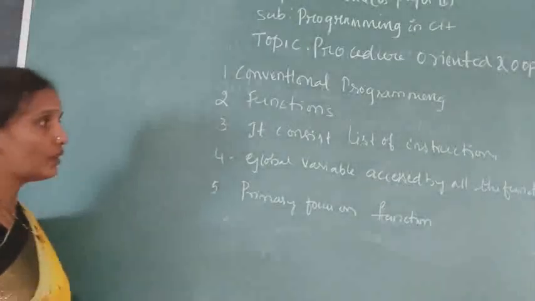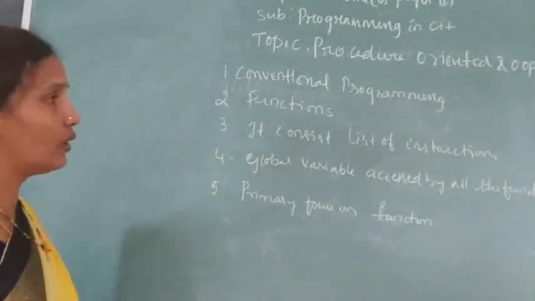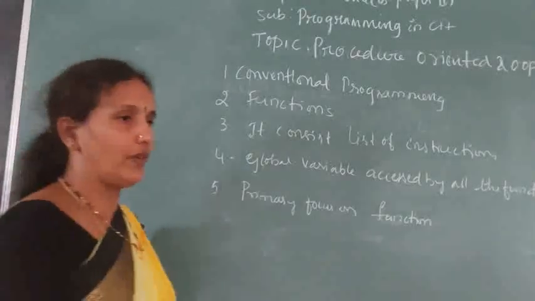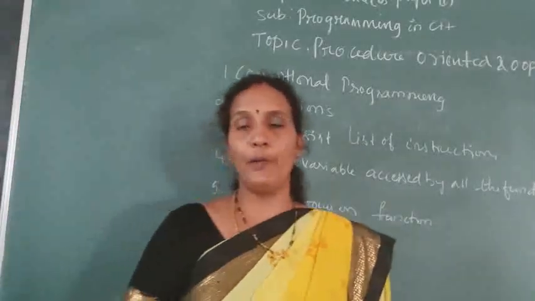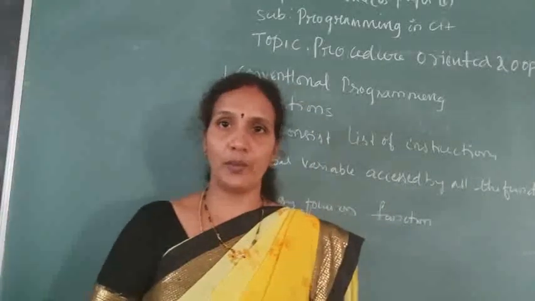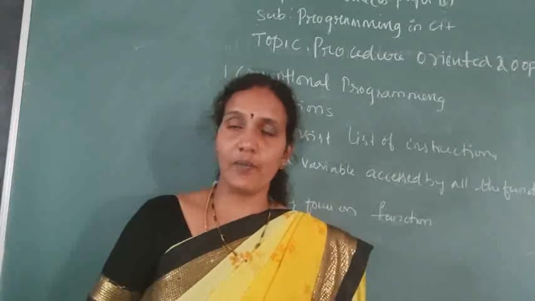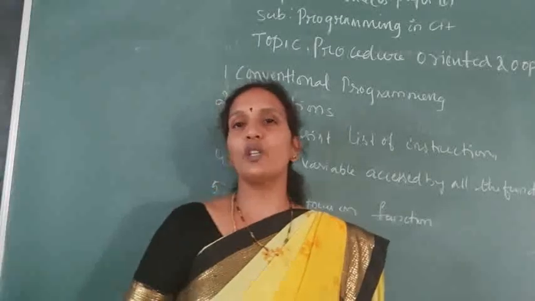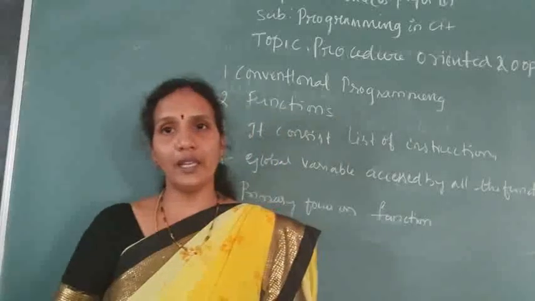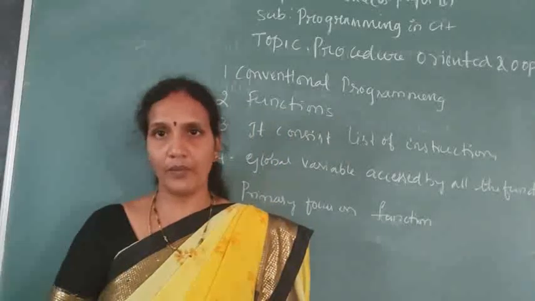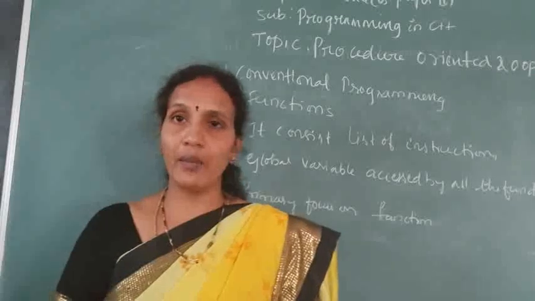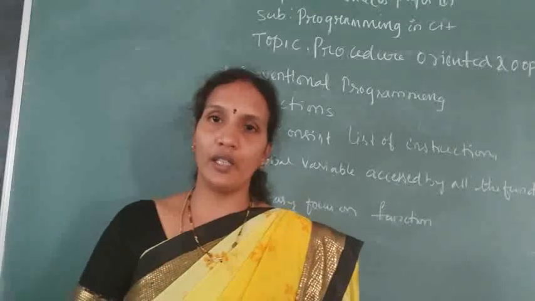Now, the next one is that global variables are accessed by all the functions. Already I have explained different types of variables in C programming: local variables and global variables. Whatever variable you declare as a local variable can be accessed only by that function.